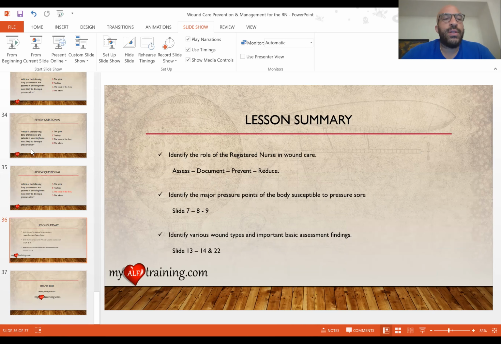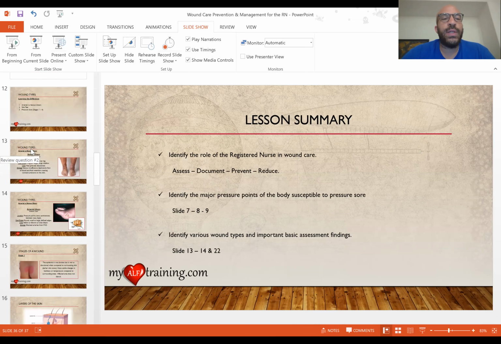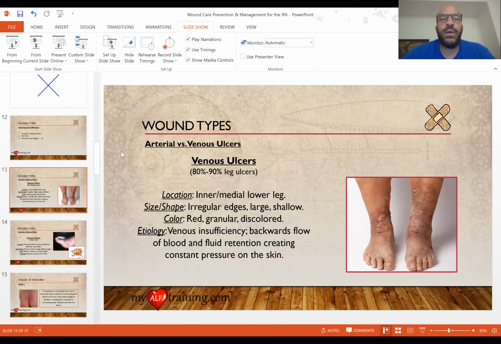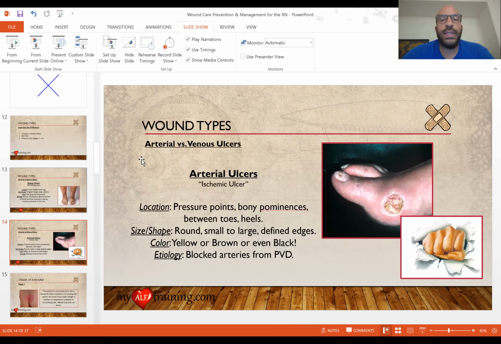And last but not least, our objective was to identify various wound types and basic assessment findings. On slides 13 and 14 and slide 22, specifically, we talked about venous ulcers: their location, size, shape, and color. Then we compared them to arterial ulcers.